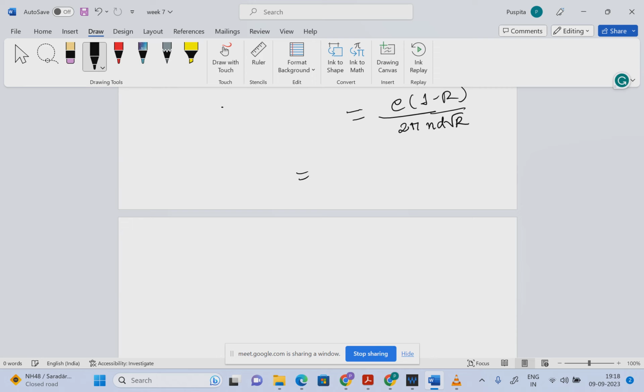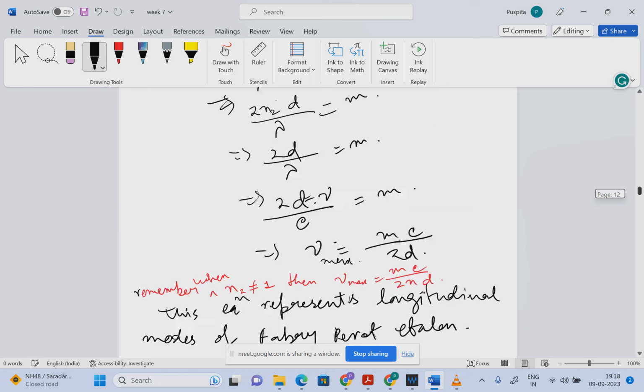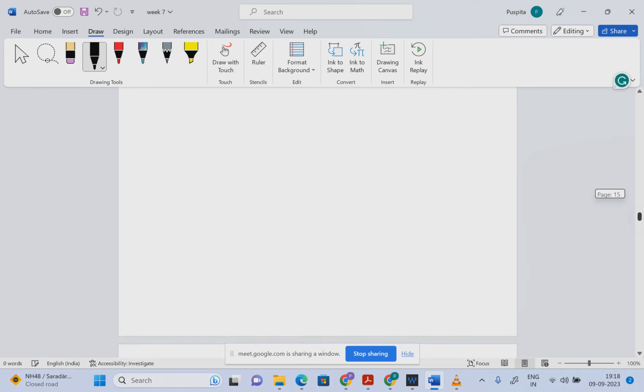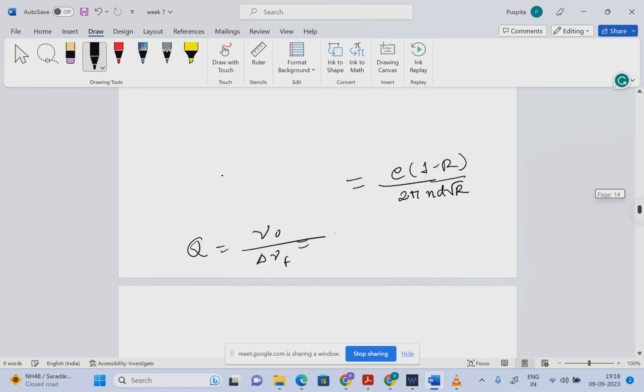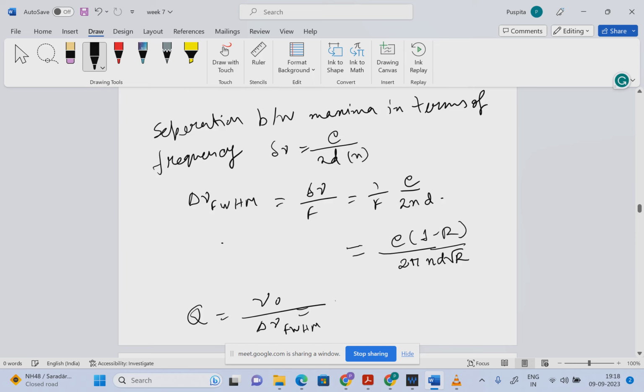The quality factor will be nu naught by delta nu FWHM, which will be 2 by n d root R1 R2, times 1 by 4, nu naught by c, times 1 minus root R1 R2, by half.